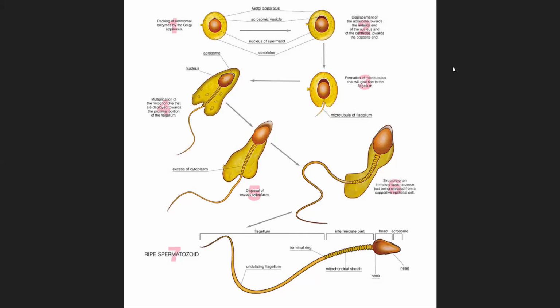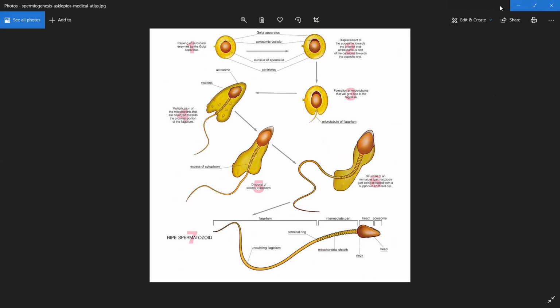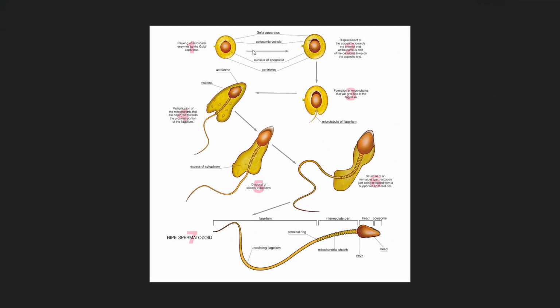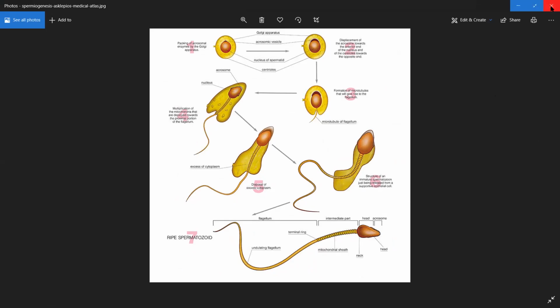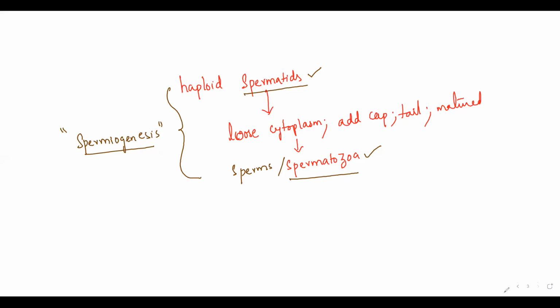So these are the changes that you can see in the spermiogenesis process, where a spermatid is going to get matured into a spermatozoa, or what we call as a sperm. That process is being called as the spermiogenesis process.